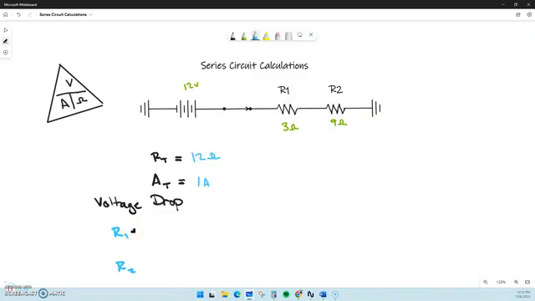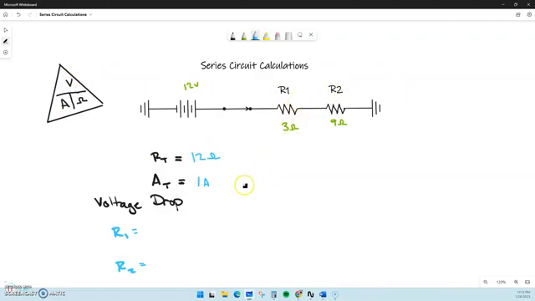So for our voltage drop, we're going to use Ohm's law with our total circuit current and our total circuit resistance to find the voltage drop, or voltage consumed, across each of these resistors.